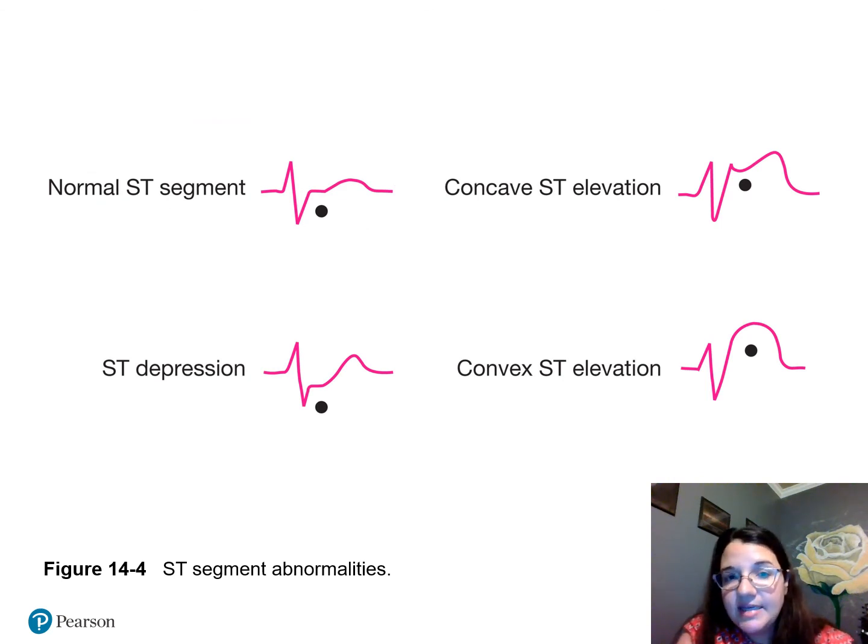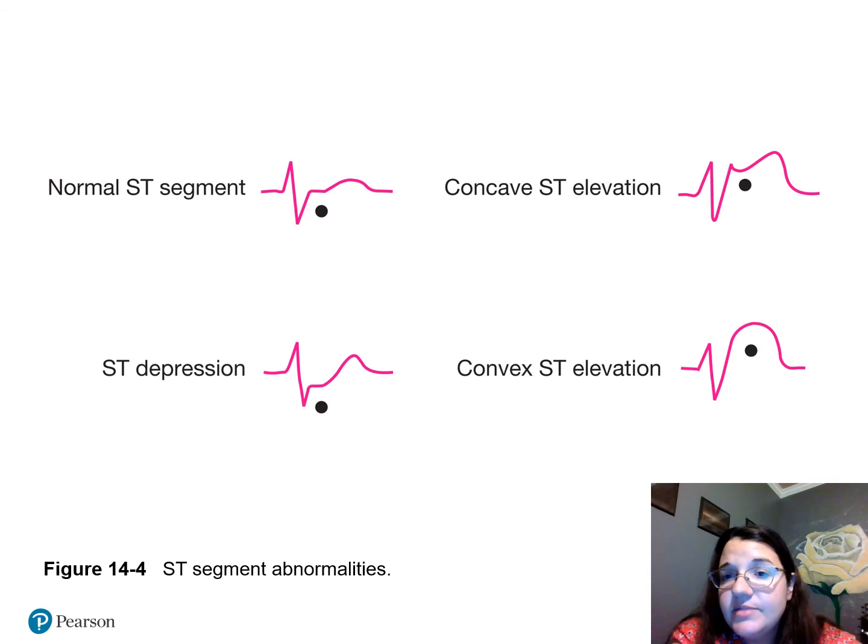This is what it looks like. So your first one, that's normal, right? So if you were to put that piece of paper up and line it up with your baseline and your segment, you'll see that everything is on the same line. But if you look right next to it at convex, you'll notice your ST segment is elevated.